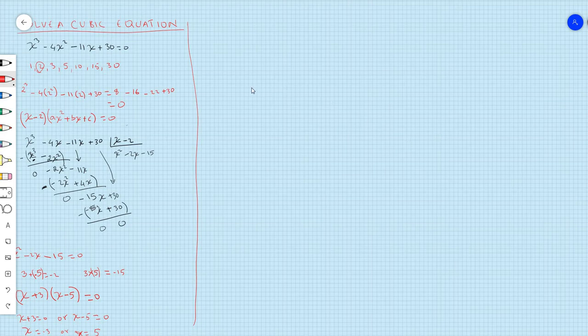So this is the continuation of the previous video on how to solve a cubic equation. Now there I used the division to find the quadratic equation associated with the cubic equation, and then solved for the two zeros, and then used those and added them to the first zero we found by substituting one of the multiples of that last number of the equation.